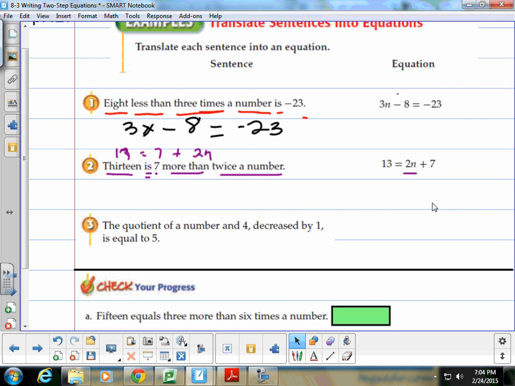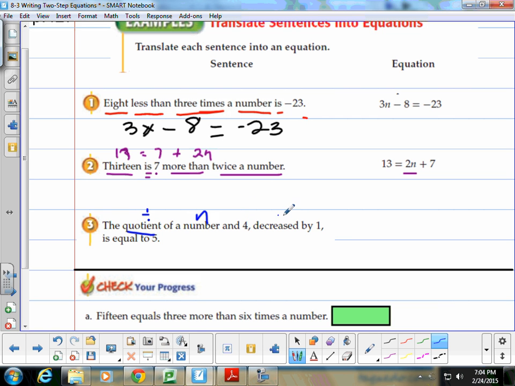Lastly, the quotient of a number and 4 decreased by 1 is equal to 5. Notice that the wording tells you the order in which to do things. So in this case, it's the quotient, which tells me I'm going to be dividing at some point, of a number, unknown, and 4. So I'm probably dividing that number and 4, because it's the quotient of those two things.